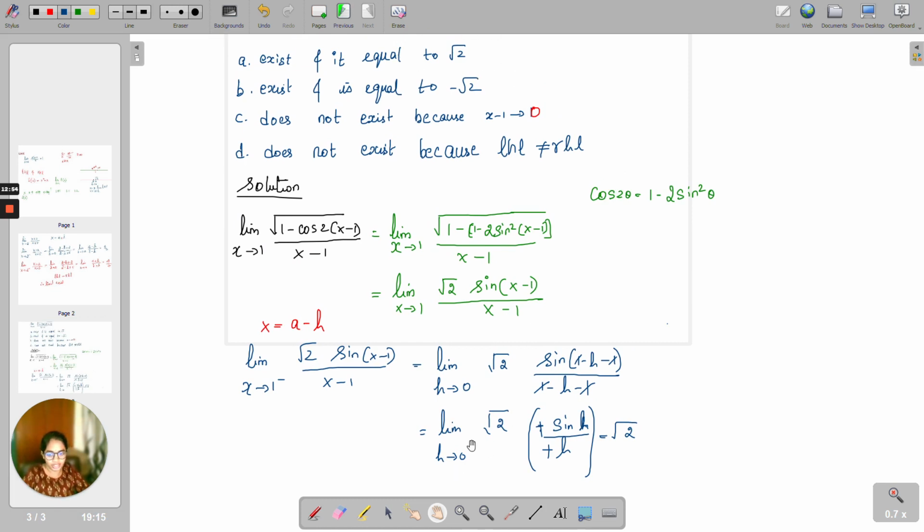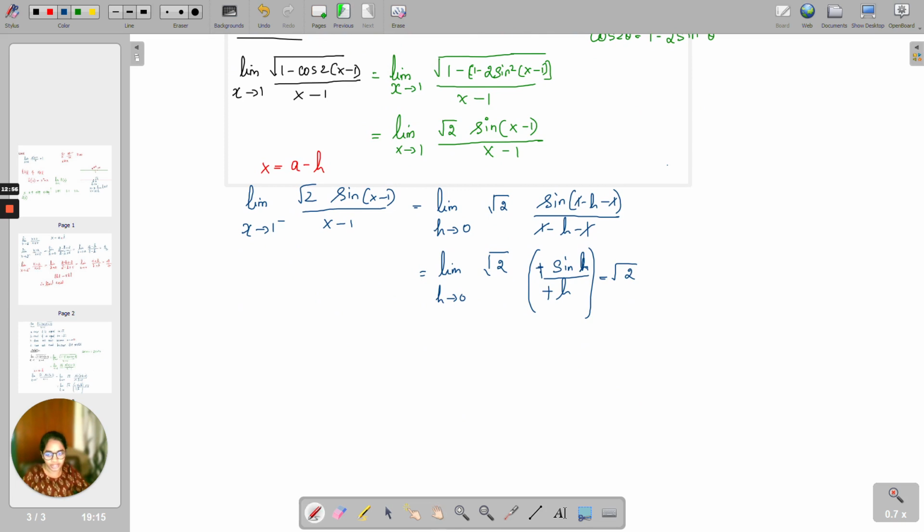Yeah, let us check. Let us take RHL now. Yes, what is the RHL? Limit x tending to 1 plus, square root of 2 sine of x minus 1 divided by x minus 1. This is equal to limit h tending to 0.